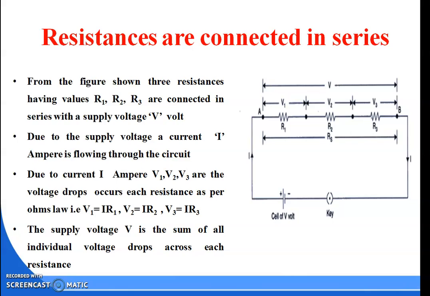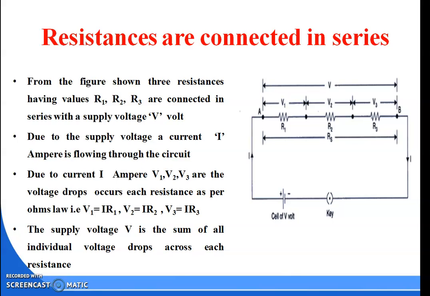Due to the supply voltage, a current I is flowing through the circuit, and due to the current I, V1, V2, V3 are the voltage drops across each resistance. It is given by Ohm's law.